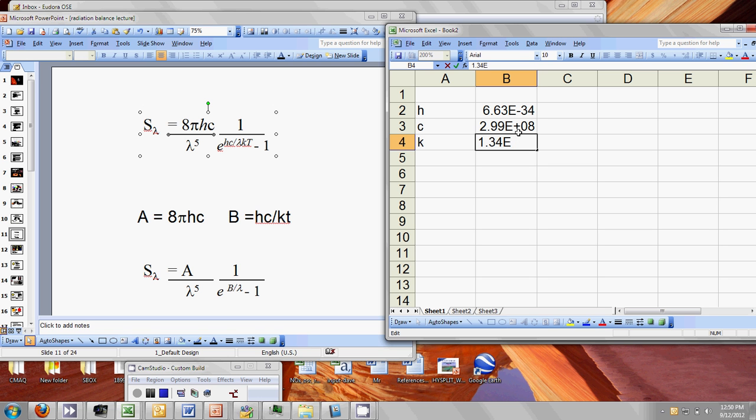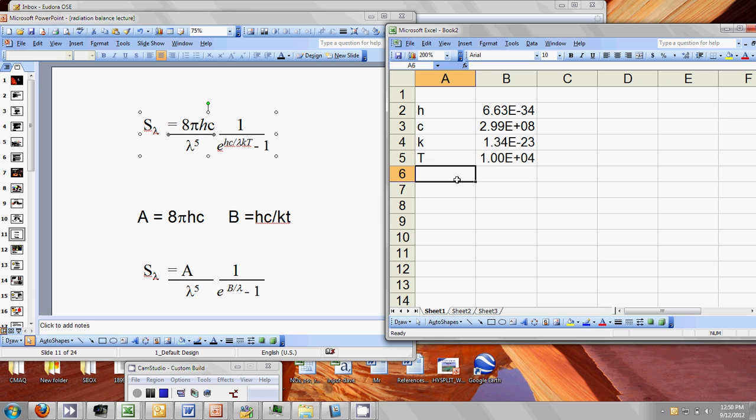Try that again. So then we're going to enter in k, 1.34 e to the minus 23. So we have our three constants, h, c, and k. And we're going to put in one of our variables t, which we'll start off at 10,000 Kelvin.